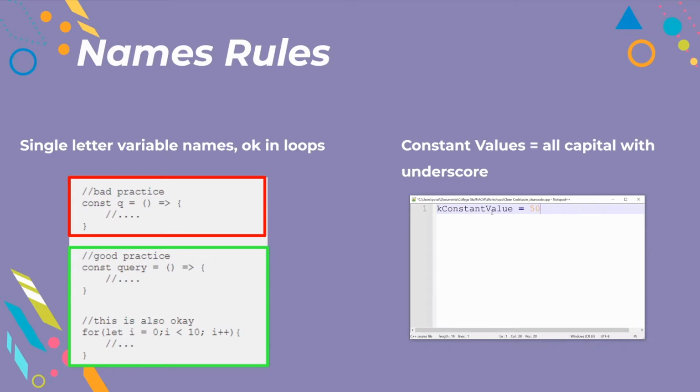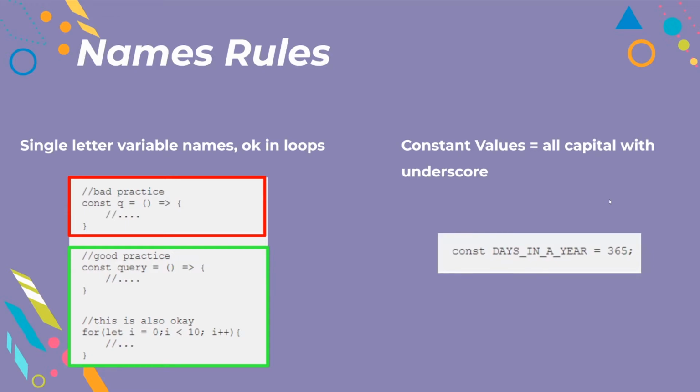Obviously, your name should be more descriptive depending on context, but right now there is no context, so I just wrote constant value. But you might see something like this, K indicating that this is a constant value. And sometimes you might see people precede a Boolean value with B. You might see that depending on the environment you're in, but it's always good to make it clear that this variable is constant.